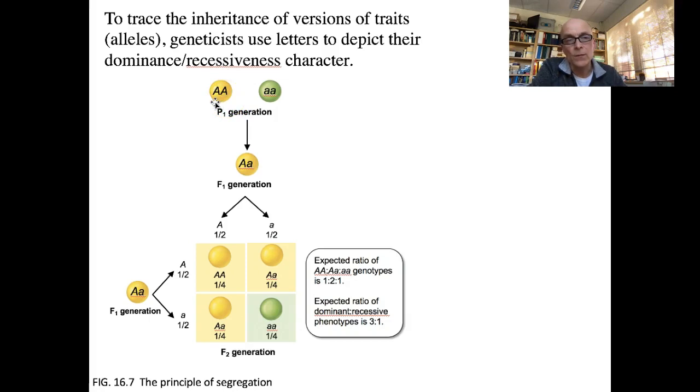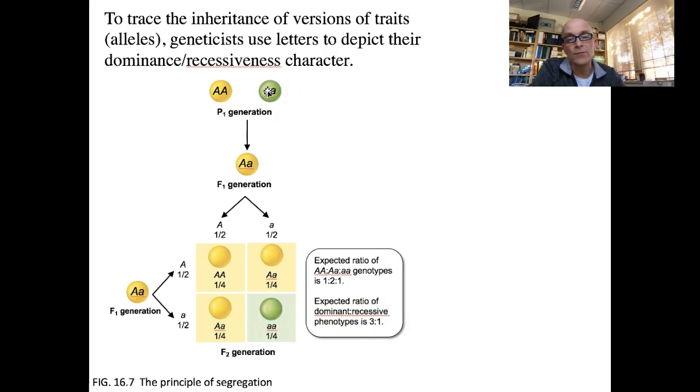So this is what we looked at previously, just in a different way. It's just graphed or shown in a different way. So you had the plants that were true breeding, the parental ones, and in the next generation, they now all get one allele from the father and one allele from the mother.